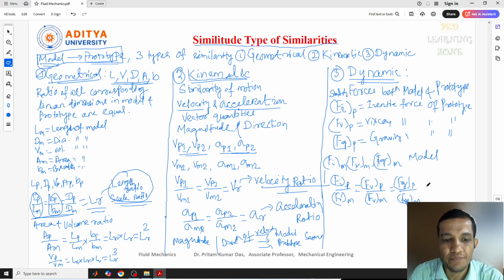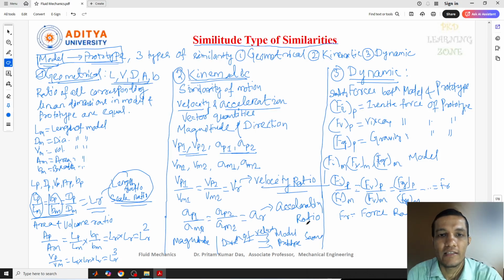This all should be equal, and any other kinds of forces can also be written here, and that is nothing but Fr, and Fr is the force ratio.